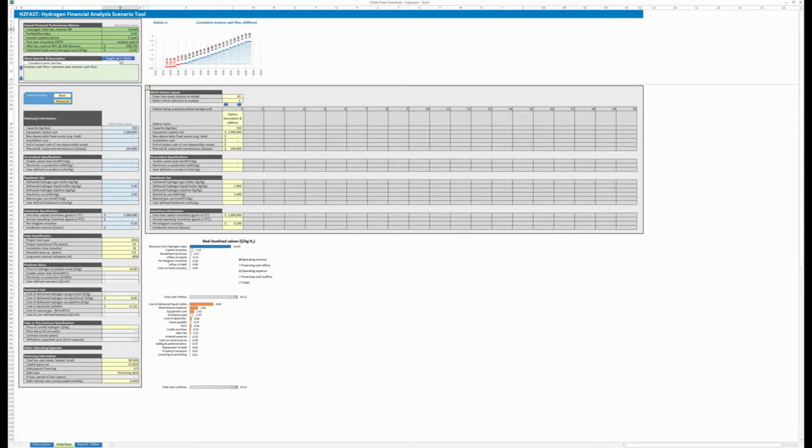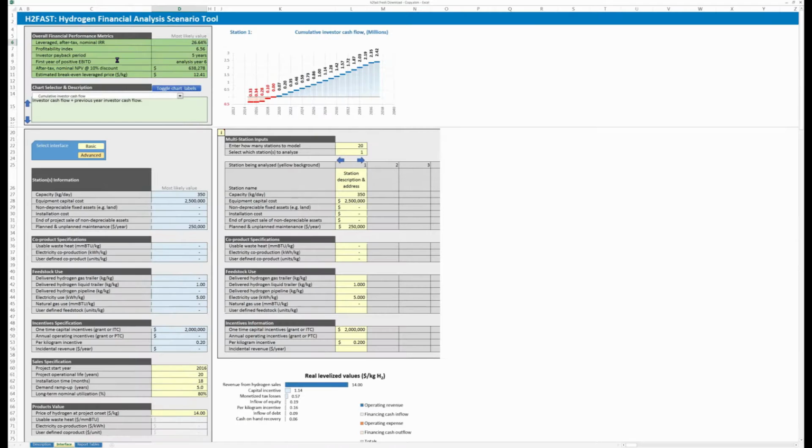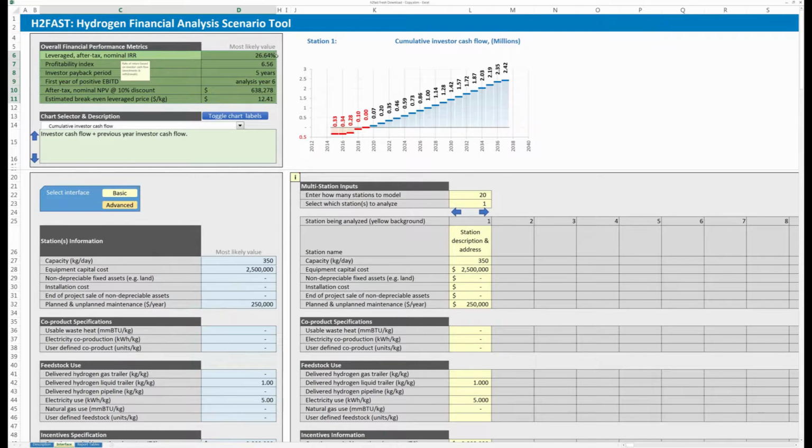Outputs, the key outputs are up top. So single value parameters indicating things like internal rate of return from the point of view of an equity investor, profitability index, investor payback period, first year of positive earnings before interest, tax, and depreciation.